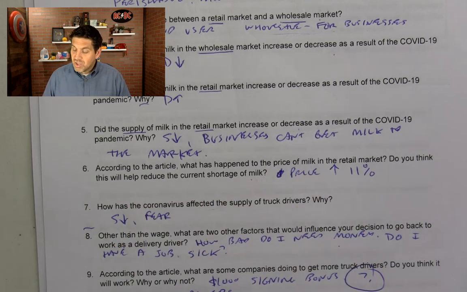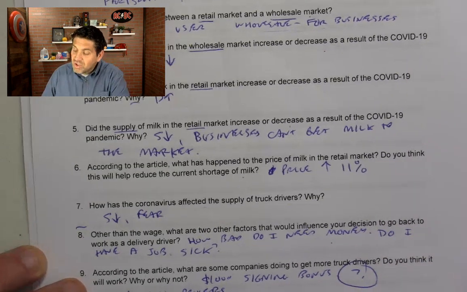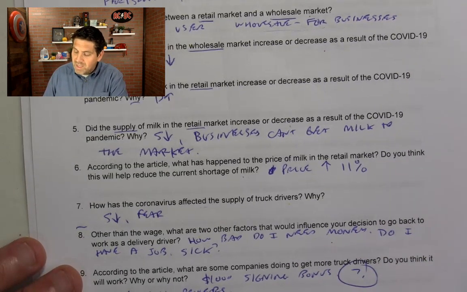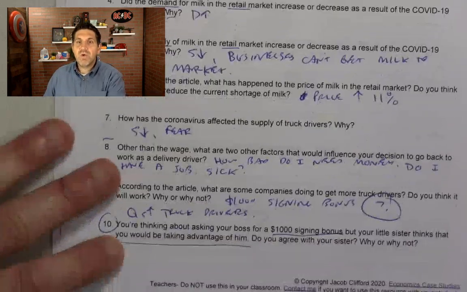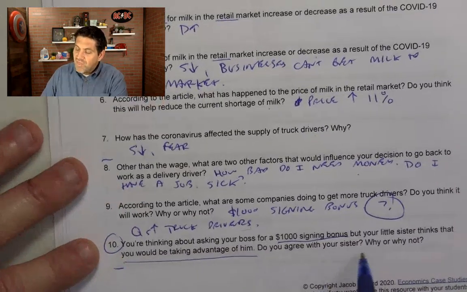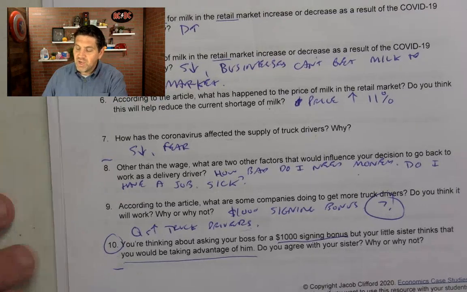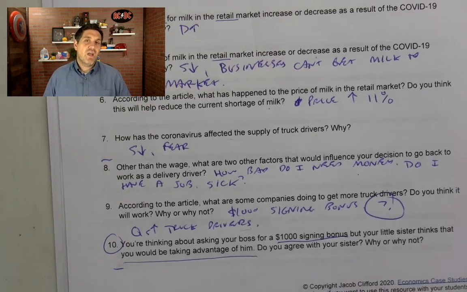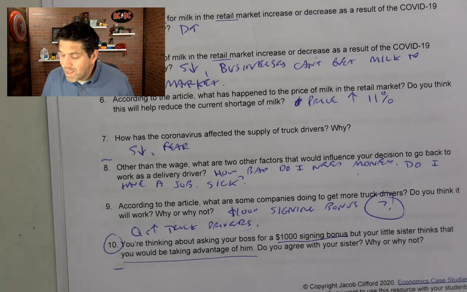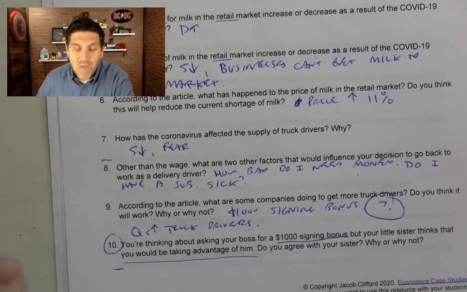So you're thinking about asking your boss for a $1,000 signing bonus, but your little sister thinks that it would be taking advantage of him. So do you agree or disagree that you're taking advantage of this guy if you ask for a $1,000 bonus? That one I need your input.